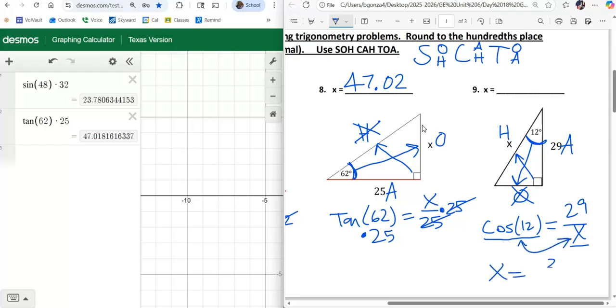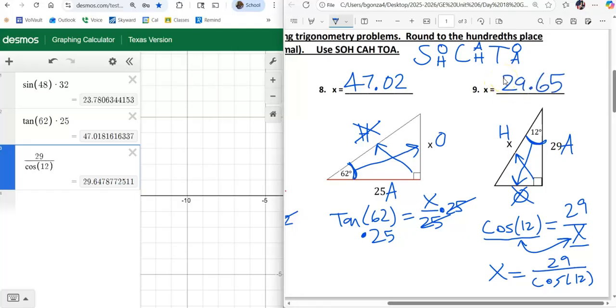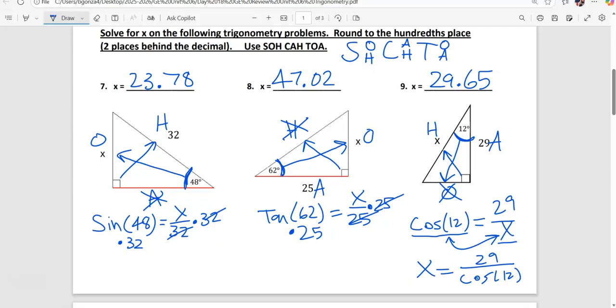So now you have X equals 29 is still on top. Cosine 12 goes to the bottom. And now you type it as a big ugly fraction, 29 over cosine 12. And you get 29.647, which rounds that 4 up to 5. 29.65.